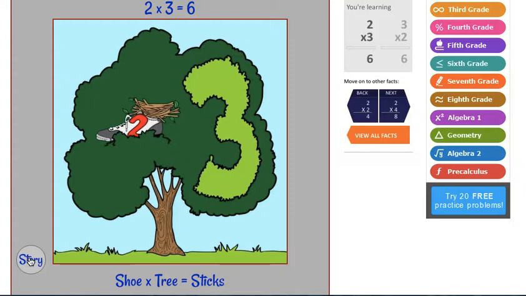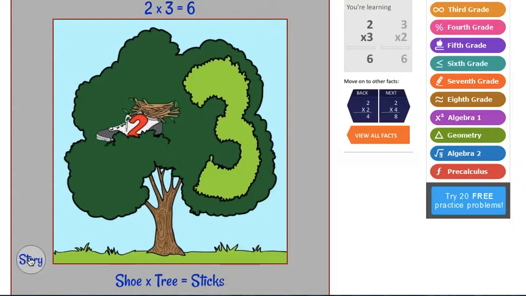Here's the story that goes with the picture. 2 birds were building a nest in a tree. Building a nest was hard work because they could only carry 1 stick at a time. While they were looking for sticks, the mama bird saw an old shoe lying by a pile of sticks. She had a great idea. She picked up stick after stick and put them into the shoe. When the shoe was full, the birds grabbed the shoelaces and flew back to the tree.